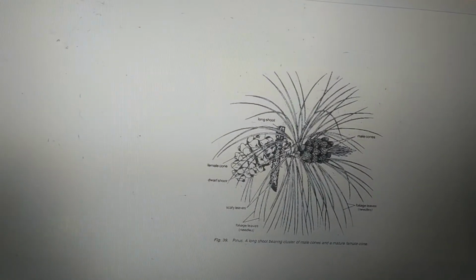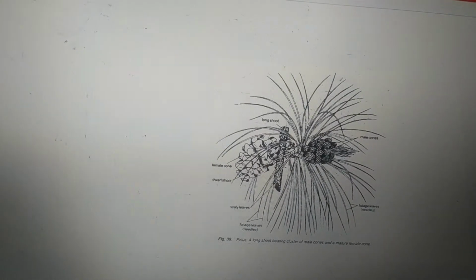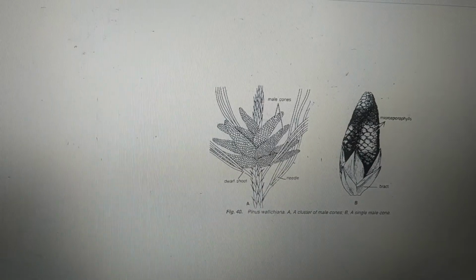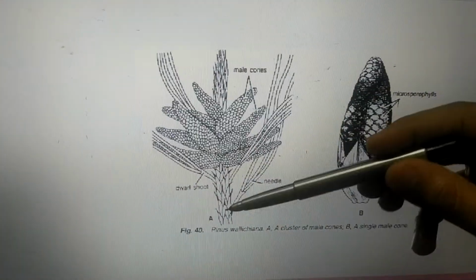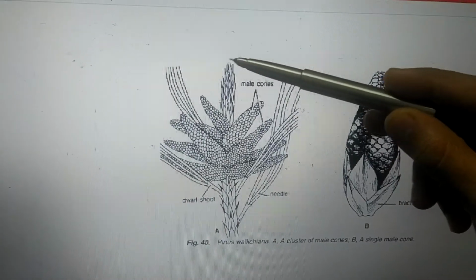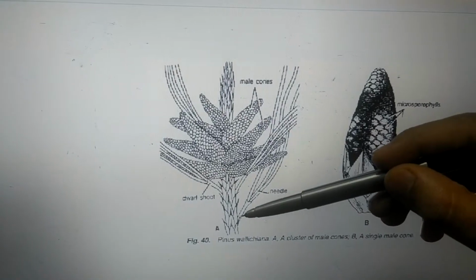Now these male cones are usually present on the long shoot in clusters, in the axil of scaly leaves on the long shoot. Okay, this image explains the same thing. So we have a long shoot which is of unlimited growth because of the presence of the apical bud at the tip, and on the long shoot what we have is a dwarf shoot.